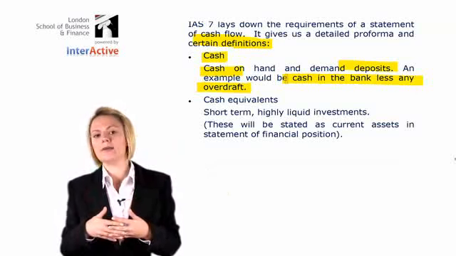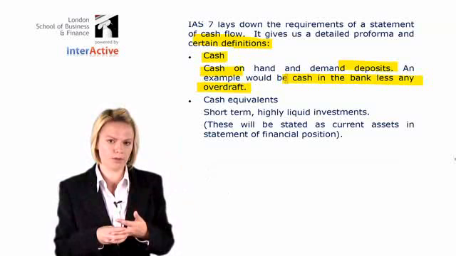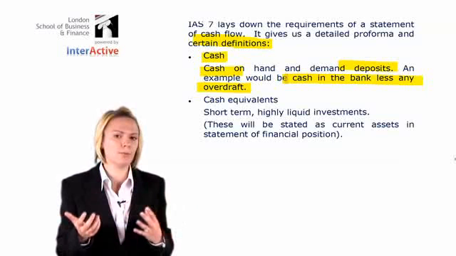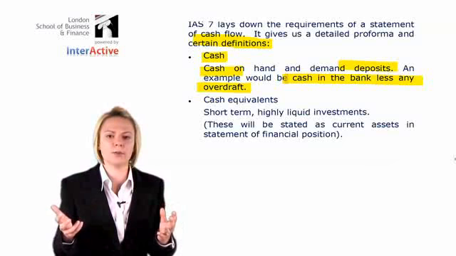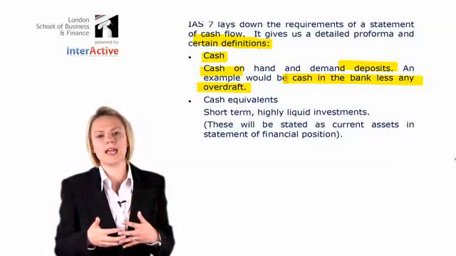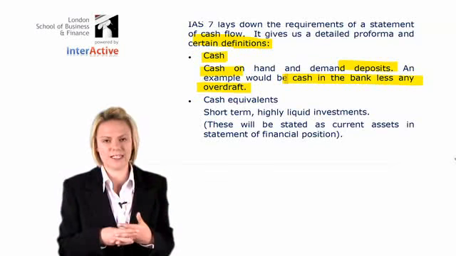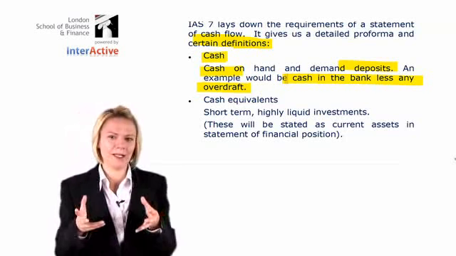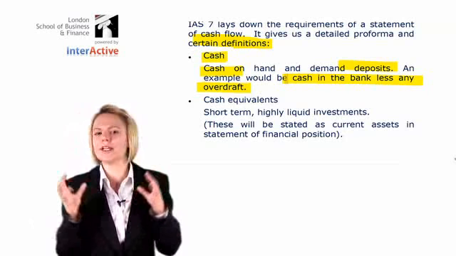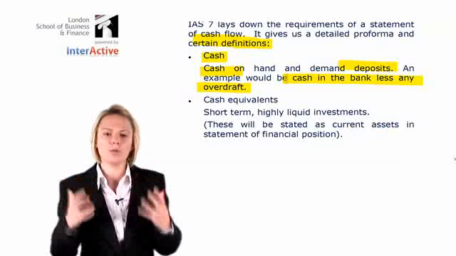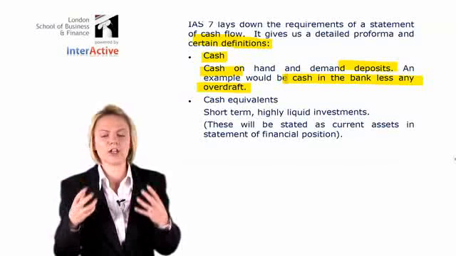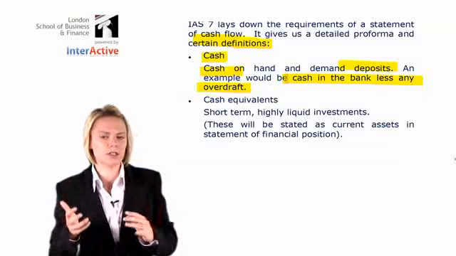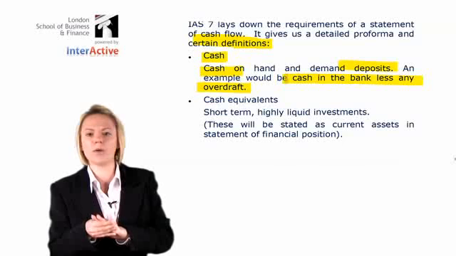So an example of that would be if we invest in government bonds. So you walk along to the post office, you want to buy some government bonds in your country's government. It's generally accepted that they are low-risk investments. Maybe it's not so much with what's been happening in the world recently, but usually government bonds or gilts would be a key example of cash equivalent, short-term, highly liquid investments that you can turn into cash very quickly.